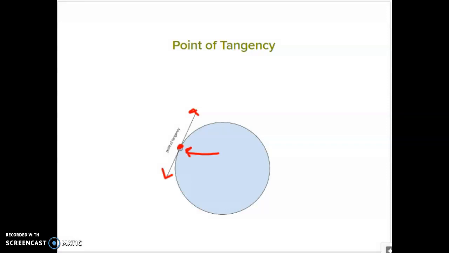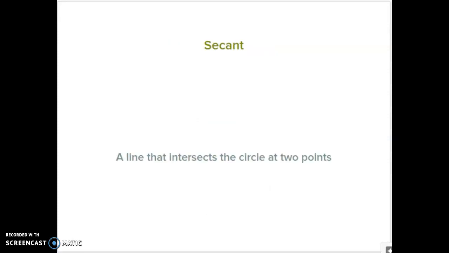Easy to remember. If you think about it so far, we've had a chord, which was a segment. Then we had diameter, which is the biggest chord, so also a segment. We've had a tangent line that touches at one point, unlike a chord, which touches at two points. Then we have a secant line. A secant line crosses the circle at two points.